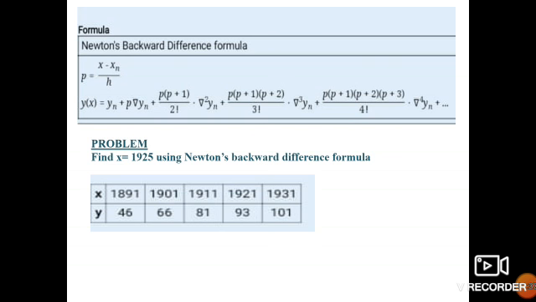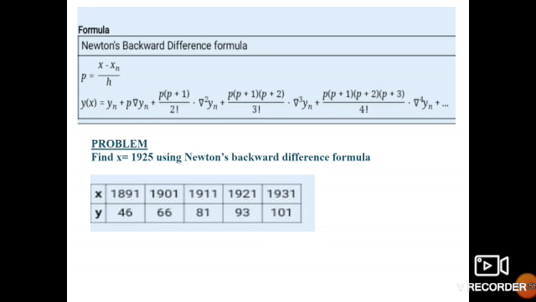Okay, now see the formula. This is Newton's backward difference formula. Like the forward difference, we have to calculate the value p by the method x minus xn divided by h.